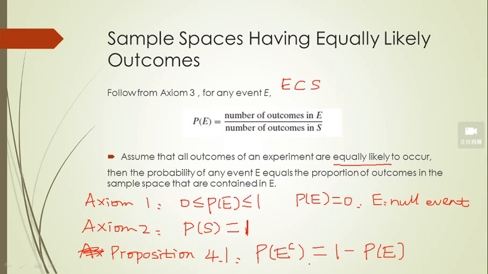It's the same thing. So we define the probability of an event in this way. That also satisfies the axioms, so this is a probability function. It's pretty easy, okay?